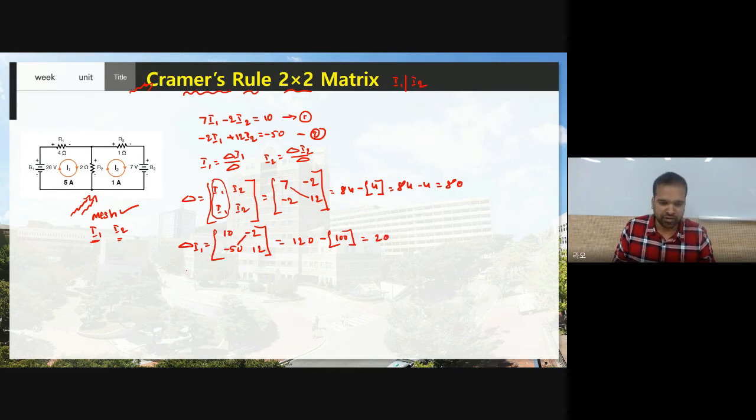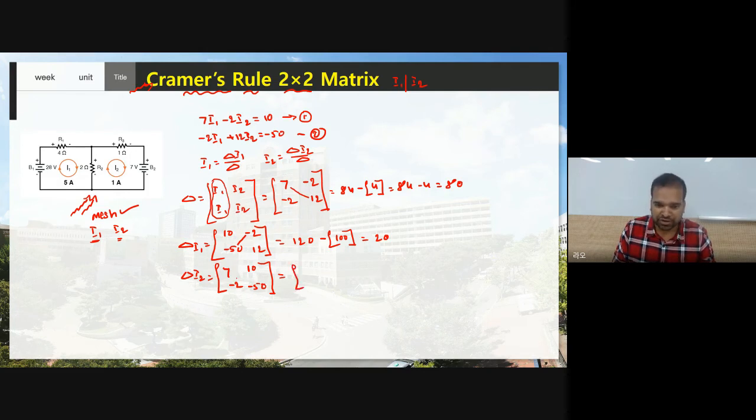Therefore 120 minus 100 is 20. Now we need to write delta I2. When you wrote delta I1, instead of the I1 terms you kept the constant values. Now instead of the I2 terms you need to keep the constant values, 10 and minus 50, from equation 1 and 2. The I1 terms are the same. What are the I1 terms? 7 and minus 2. Therefore you just keep 7 and minus 2. Now you need to find the determinant of delta I2.